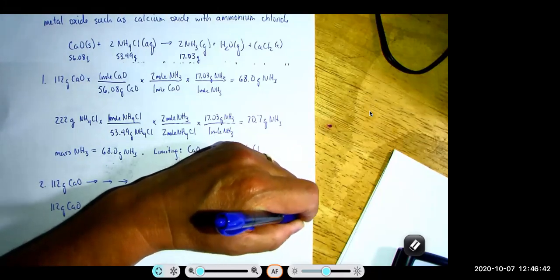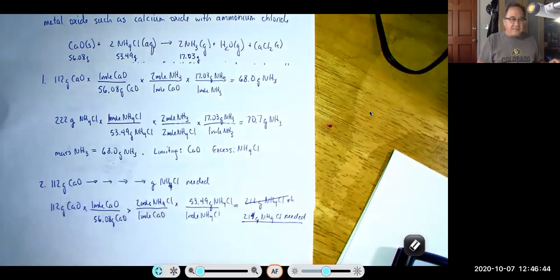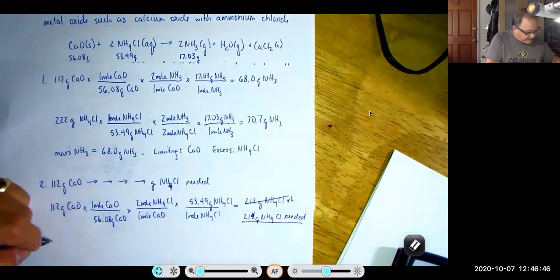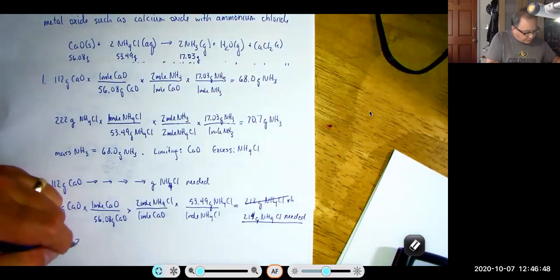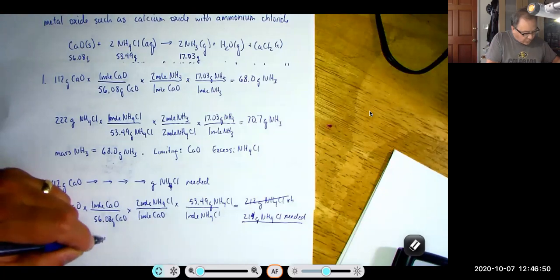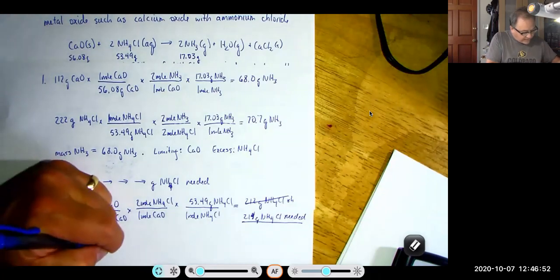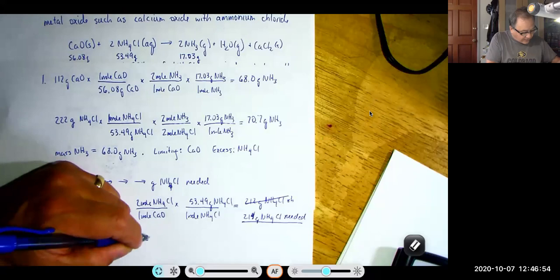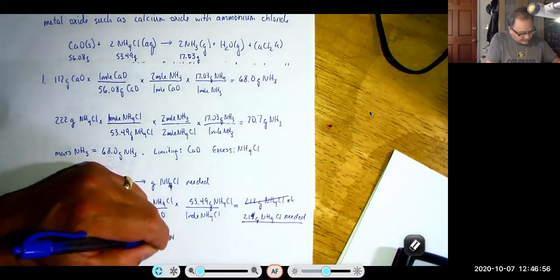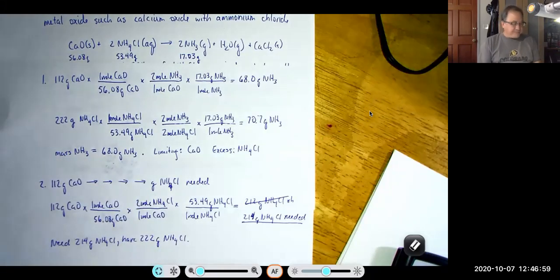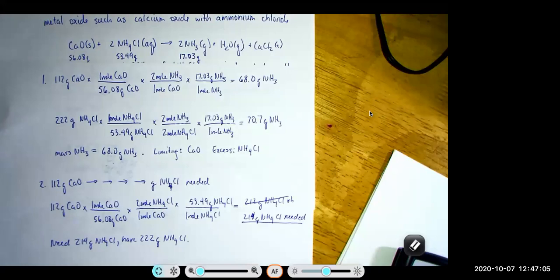Okay, so here's where we have to do a little mental thinking. We need 214 grams of ammonium chloride. We have 222 grams of ammonium chloride. So what does that mean? Are we going to use up all the ammonium chloride, or will we have leftovers? We're going to have leftovers. That's right.